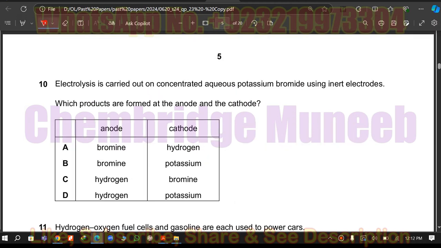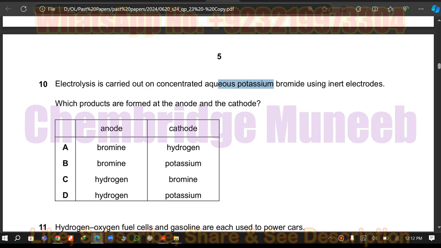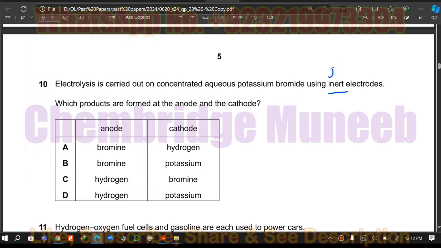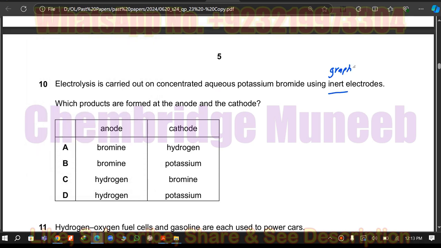Now the next question is: electrolysis is carried out on concentrated aqueous potassium bromide using inert electrodes. Which products are formed at the anode and the cathode? In this question, the electrodes used are inert, which means they can be graphite or platinum electrodes.